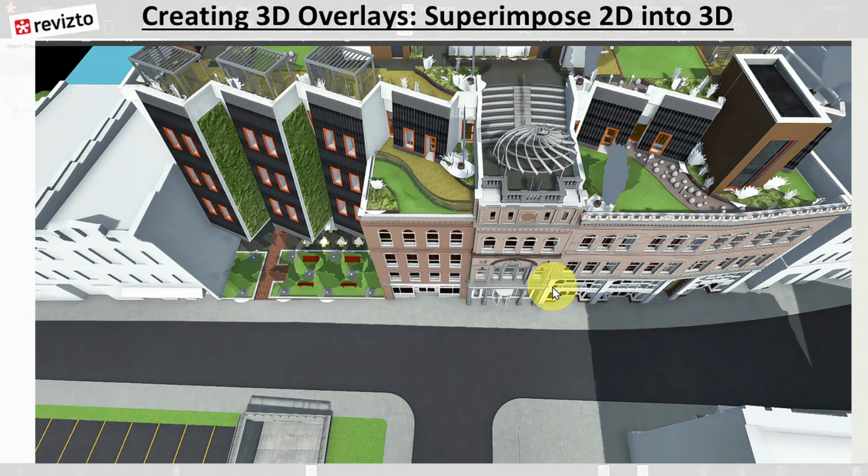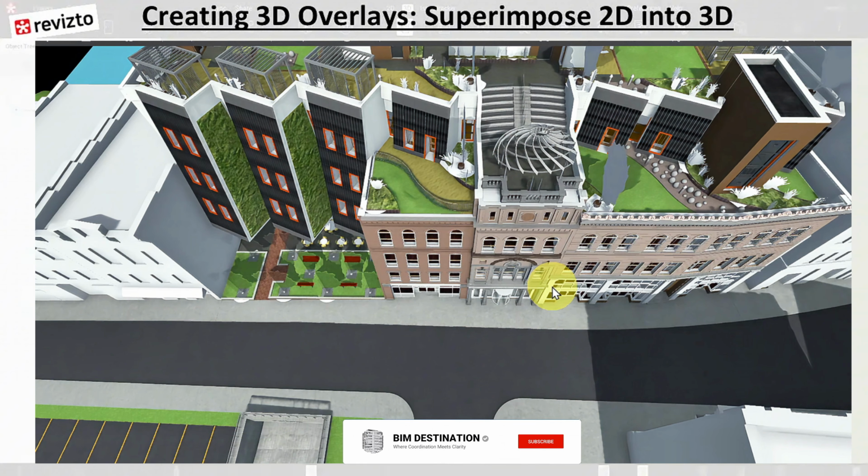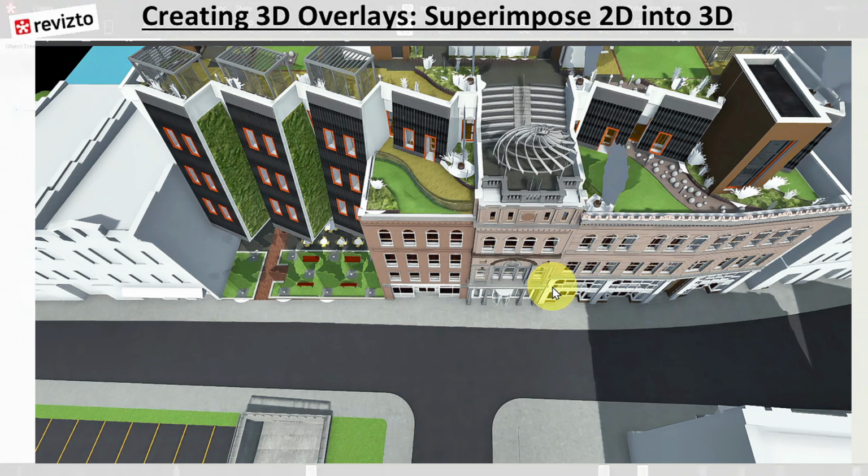If it's a level, an elevation, whatever sheet you want, you bring that 2D and overlay it on the 3D. It gives you a better understanding of how to coordinate, what the changes are, and what the latest and greatest drawing is. You can compare it with the model, and any info that you want to get from your sheet is available for you.